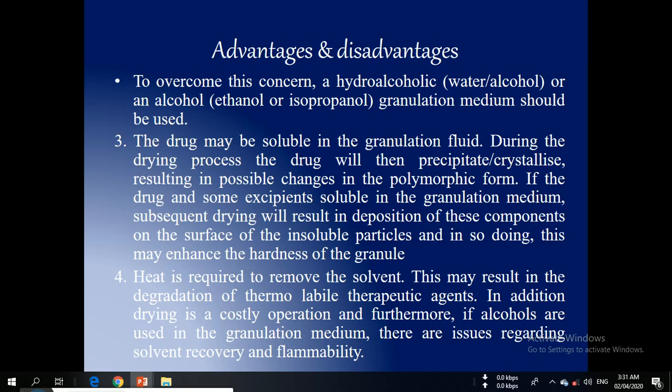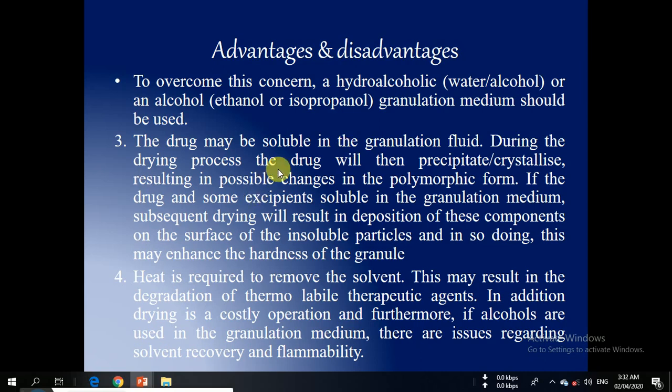Now, to overcome this concern, a hydroalcoholic (water-alcohol) or an alcohol such as ethanol or isopropanol granulation medium should be used. The drug must be soluble in the granulation fluid.